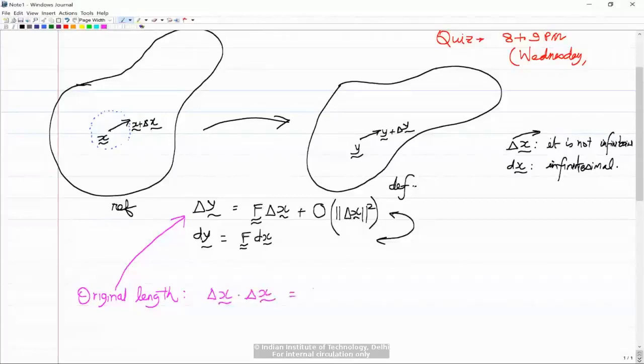And this you can say is, let us say, big L square. And if I ask you the deformed length, then you would say delta y dot with delta y, isn't it? And that we would say is a small L square.